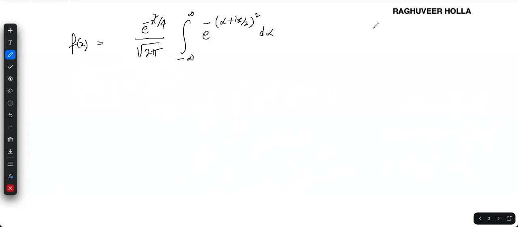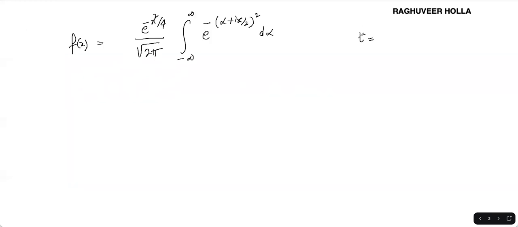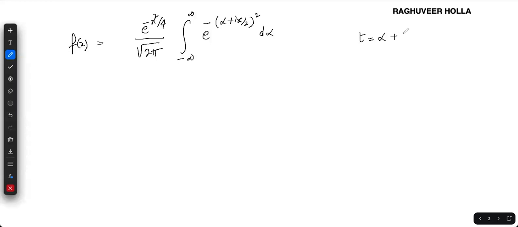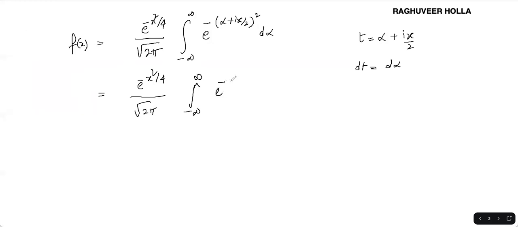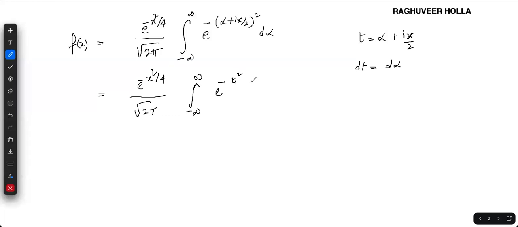Let me take t by substitution as alpha plus i x by 2. Since this is constant, dt is d alpha. As there is no change in the limits, this is e to the power of minus x squared by 4 by root 2 pi, integral minus infinity to infinity e to the power of minus t square dt.